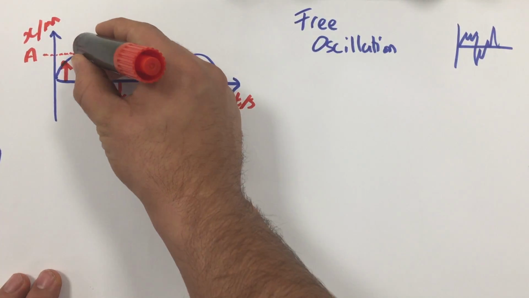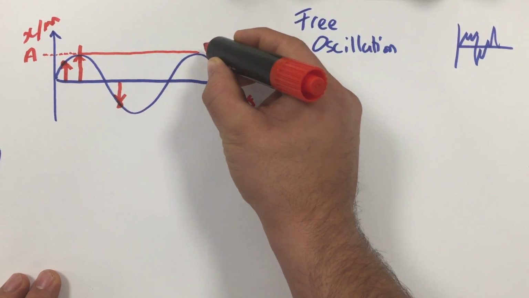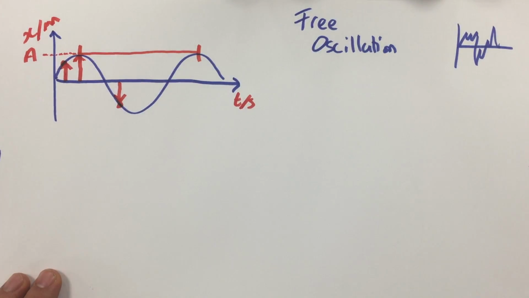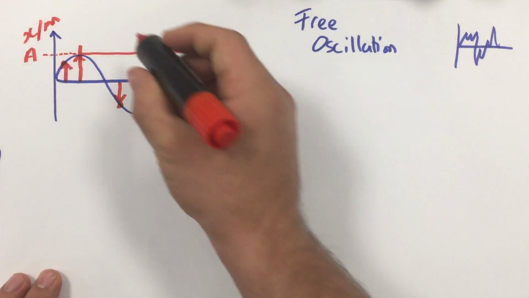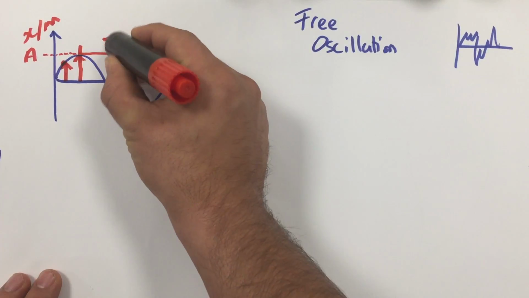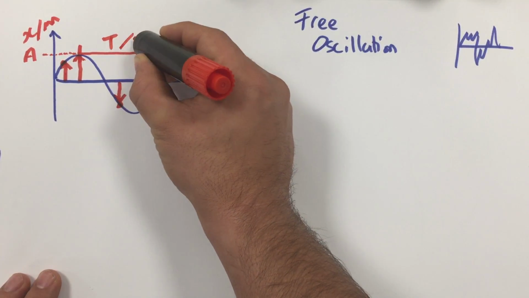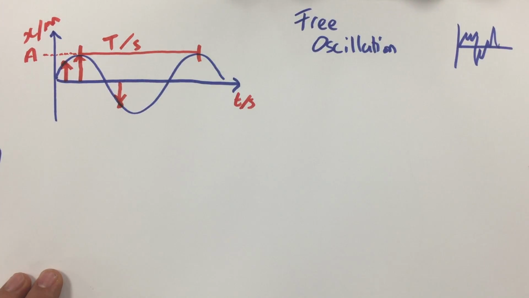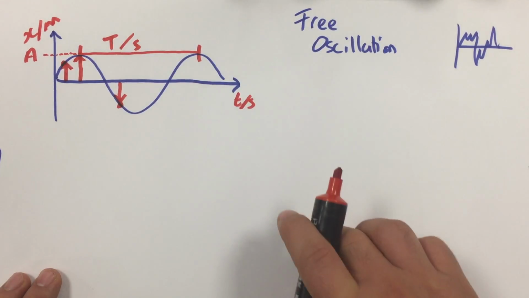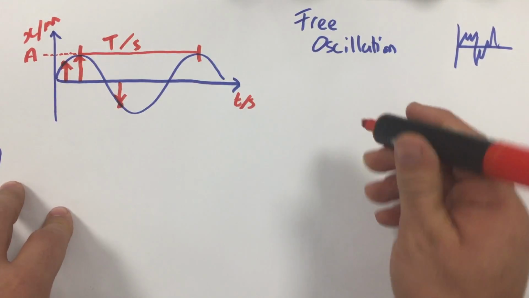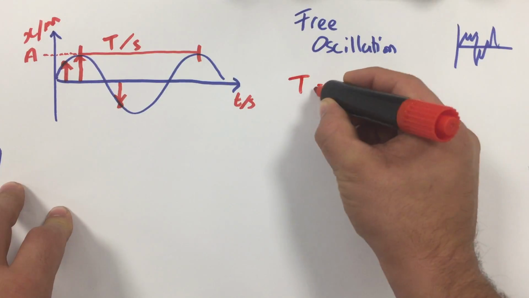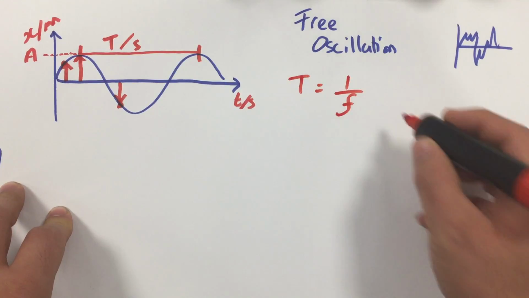Now on this graph, because this is a displacement time graph, the distance between two peaks is the period, which is obviously measured in seconds, not the wavelength. Remember that we can work out the wavelength from this because we have the equation period is equal to 1 over frequency.